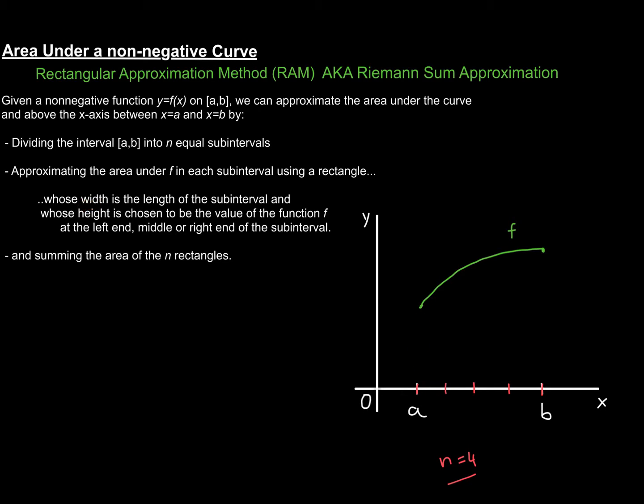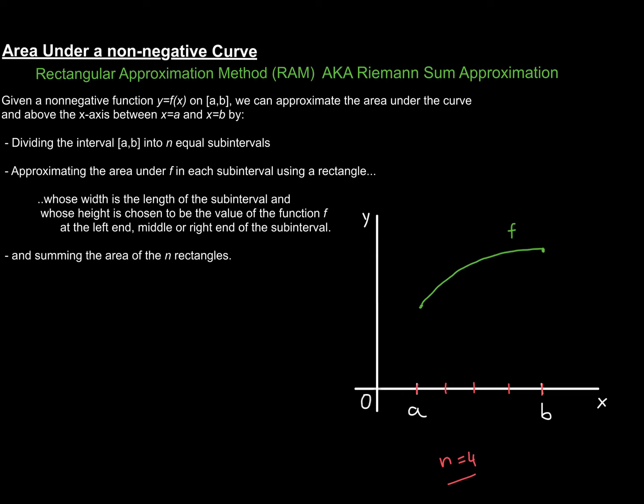The width of my rectangle is going to be the length of the subinterval. This will be the base of my rectangle. And then I'm going to choose the height, to be a certain value of my function f along this first subinterval. If you think about my curve f in this subinterval, here's where it starts, and then it goes to about here, and that's where the subinterval stops.